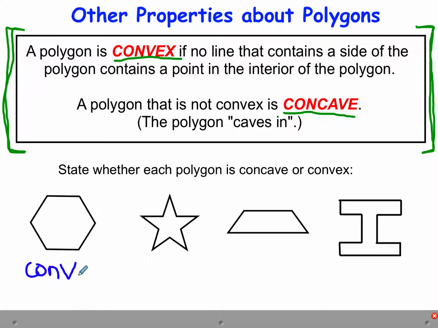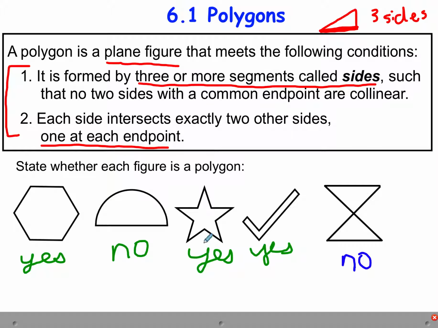Now, that probably wasn't very clear to a lot of you, so you'll see what I mean with this next example. Let's take this side right here. If I draw that side as part of a line, you can see that this line goes straight through the middle of the shape. We already said, yes, this is a polygon right here.